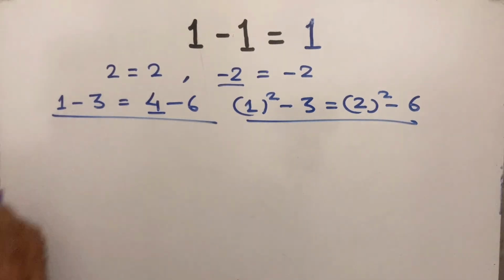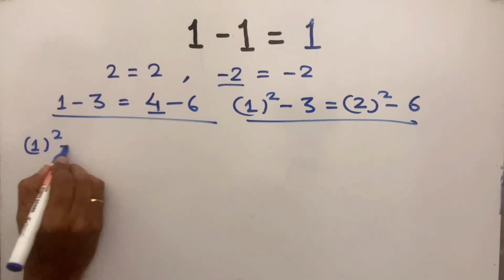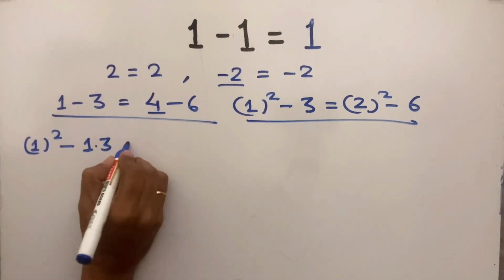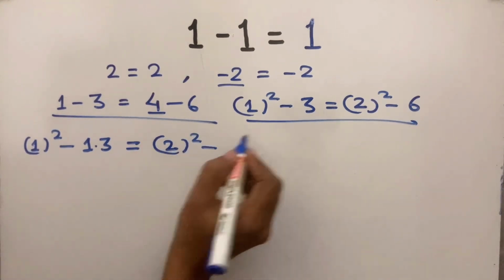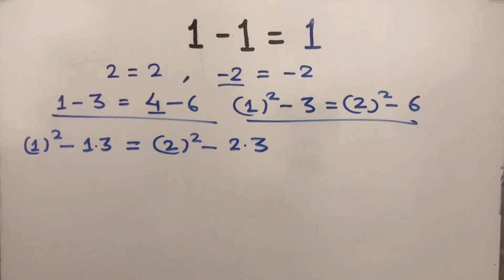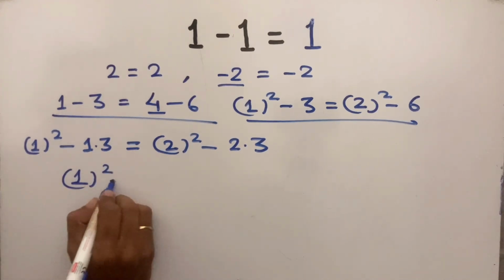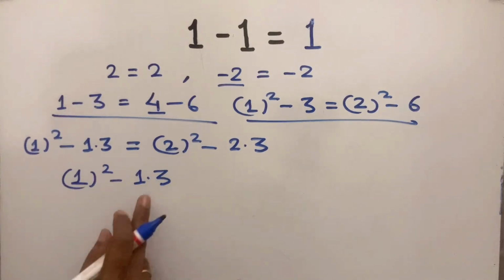Now this can also be written as 1 square minus 1 multiplied by 3 is equal to 2 square minus 2 multiplied by 3. This further can be written as 1 square minus 1 multiplied by 3.